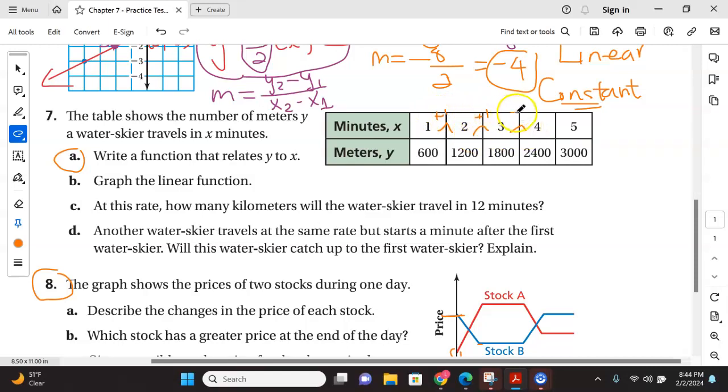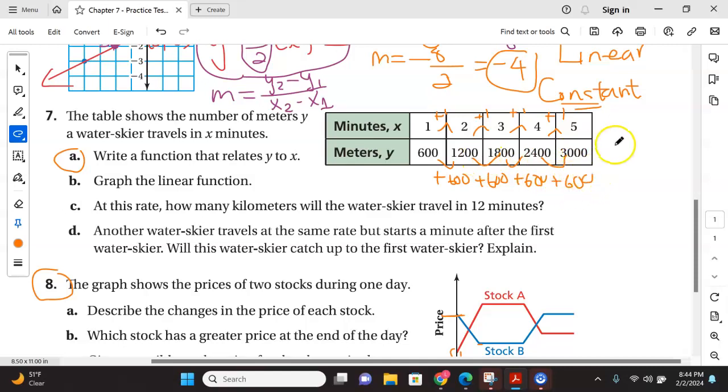It looks like the table goes up every minute, plus 1, plus 1. And then let's take a look at the meters. You go from 600 to 1200, that's plus 600. Then 1200 to 1800, that is plus 600. 1800 to 2400, you plus 600. And then 2400 to 3000, you plus 600.